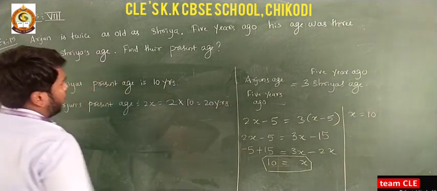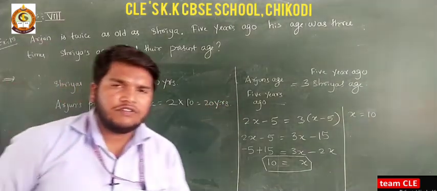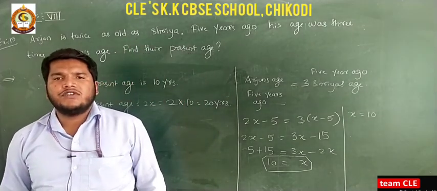So this is the conclusion. Shreya's present age is 10 years and Arjun's present age is 20 years.